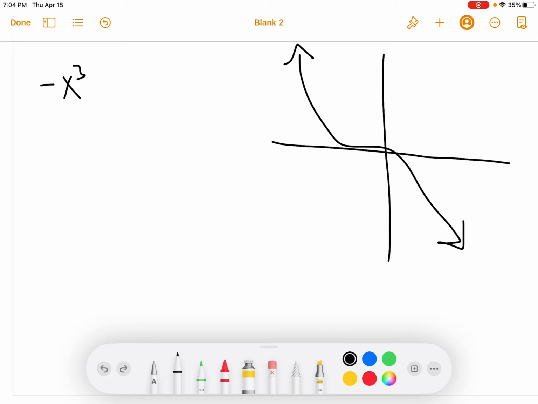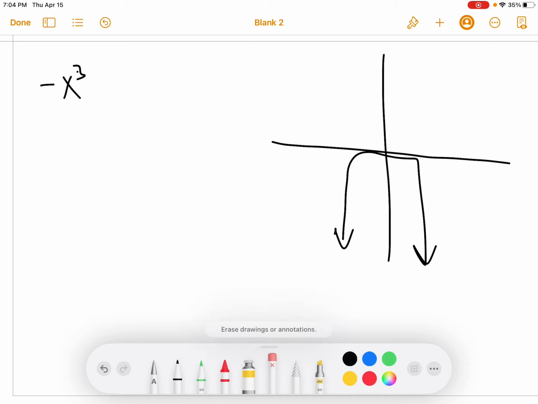And they go in different directions because this is odd. So let's look at a different thing. How about this? This would be, maybe that would be negative x to the 8th. Well, it's negative because it's pointing down, and this is even. That's why the arrows are pointing in the same direction.